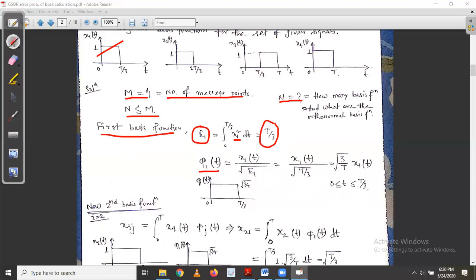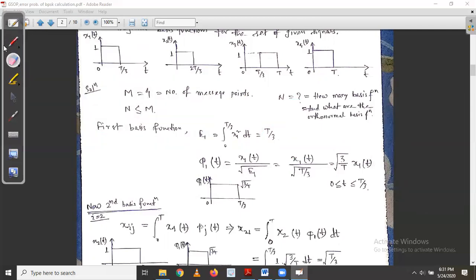So what about phi 1(t)? It is x1 divided by the square root of E1. Here x1 is something we are least bothered about, what is actually inside x1. And the root of energy: what is that energy? Root of T/3. Just rearranging this, you will get root of 3/T times x1, in the range of 0 to T/3.